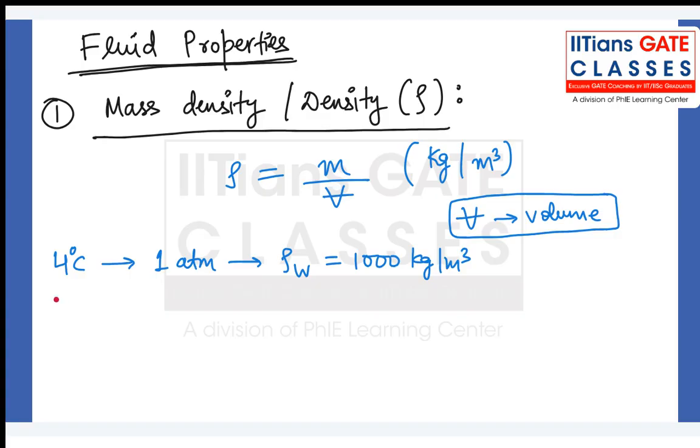Now I will do one thing. I will increase the temperature to 20 degrees Celsius and keep pressure the same, 1 atmosphere. Tell me what will happen to density. Will it increase or decrease?